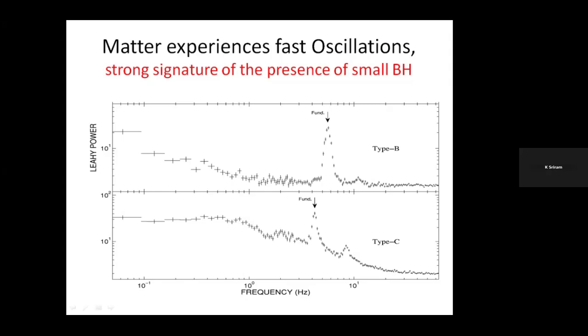That is basically the matter rapidly oscillating, and the frequency varies from 1 to 10 hertz. Again, by studying these oscillations, we can actually know whether it is a black hole or a neutron star. The problem is that the X-ray view of a neutron star and a black hole is very similar. But if you do a very sharp study of timing characteristics or spectral properties, you can tell whether it is a neutron star or a black hole.